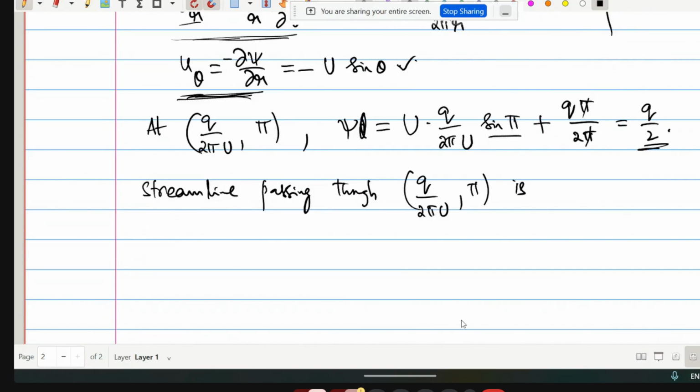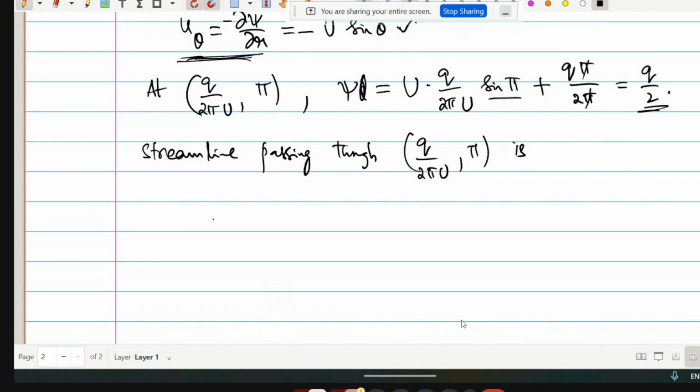It is the same everywhere, right? So psi of r theta is basically U r sin theta plus Q theta by 2 pi equal to Q by 2.